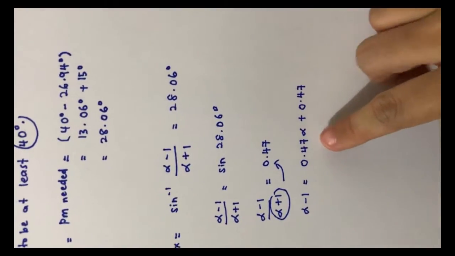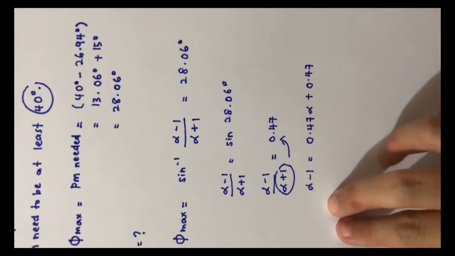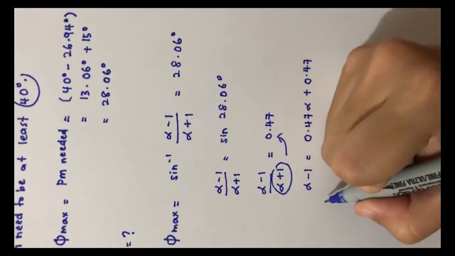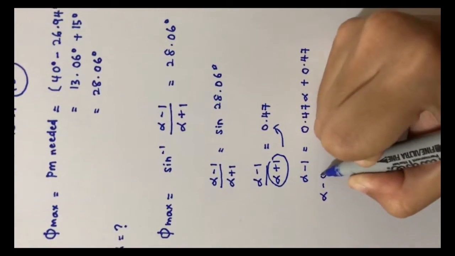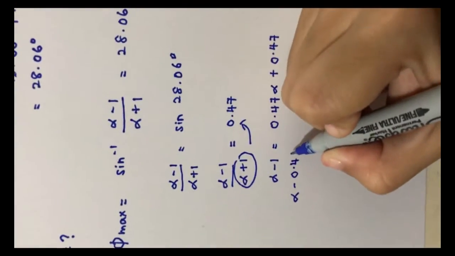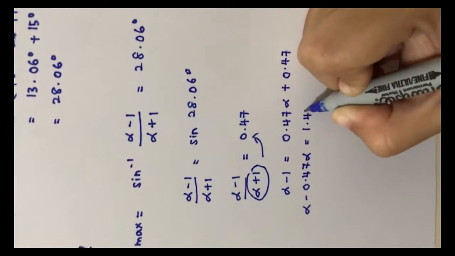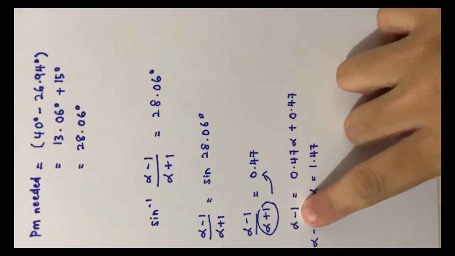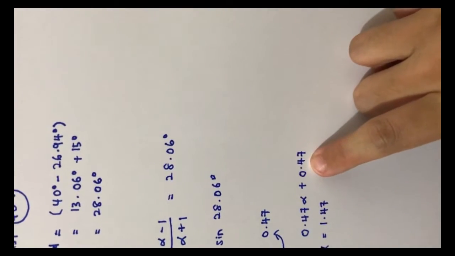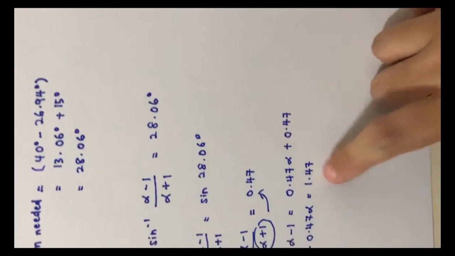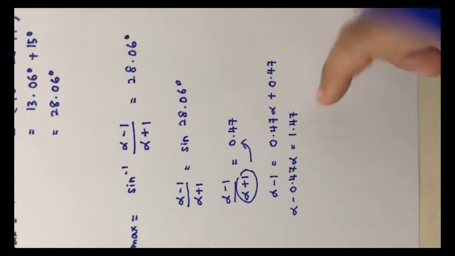Now we have to group the alpha on one side and the numbers on the other side. By doing this, we will obtain alpha minus 0.47 alpha equals 1.47, since the minus brought over becomes add, so we get 1 plus 0.47, which is 1.47.